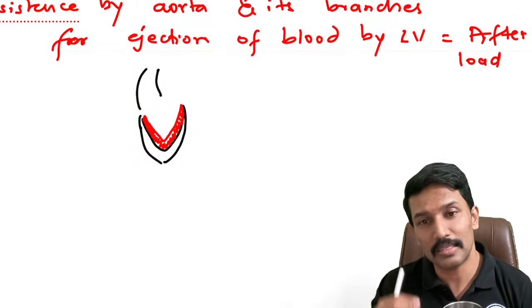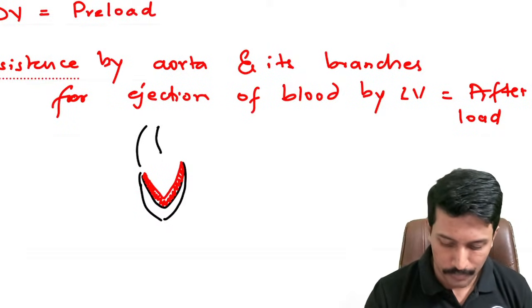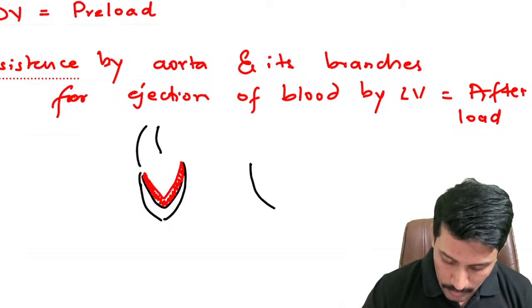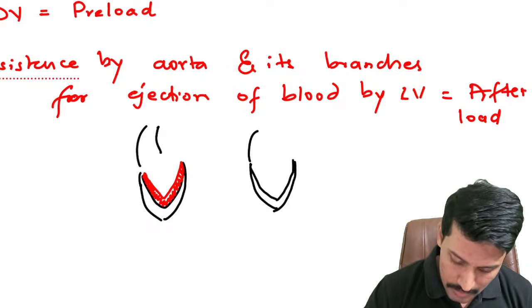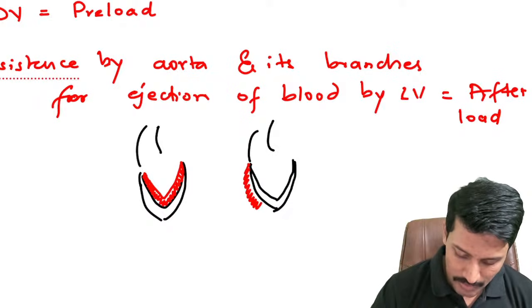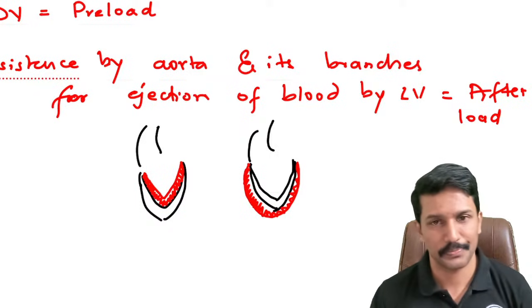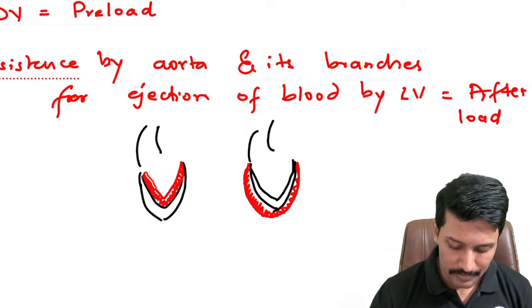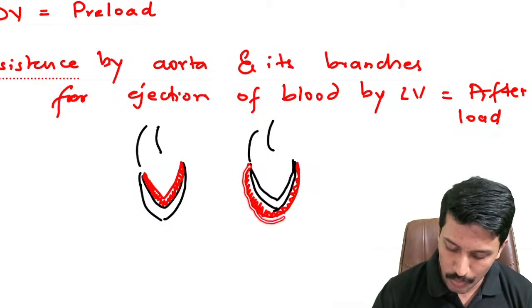We will call that concentric hypertrophy. In eccentric hypertrophy, the muscle mass gets added outside. So if this is the ventricle we are looking at, the muscle mass gets added outside. In both cases, the thickness of the left ventricular muscle mass is increased. But in concentric, the outer dimension of the ventricle is not changed. In eccentric, the outer dimension is changed.